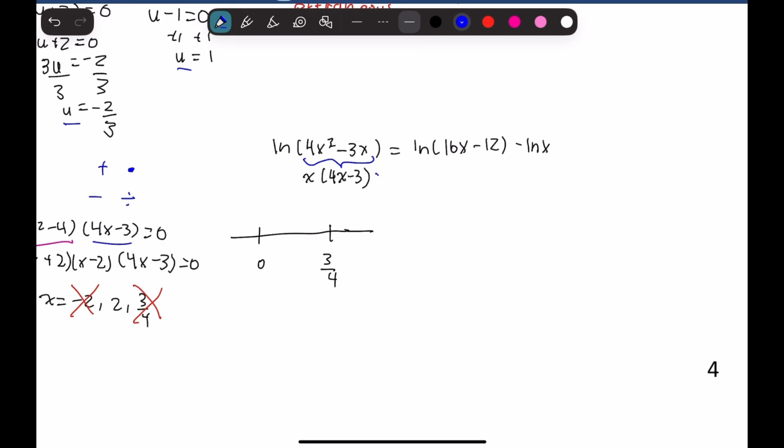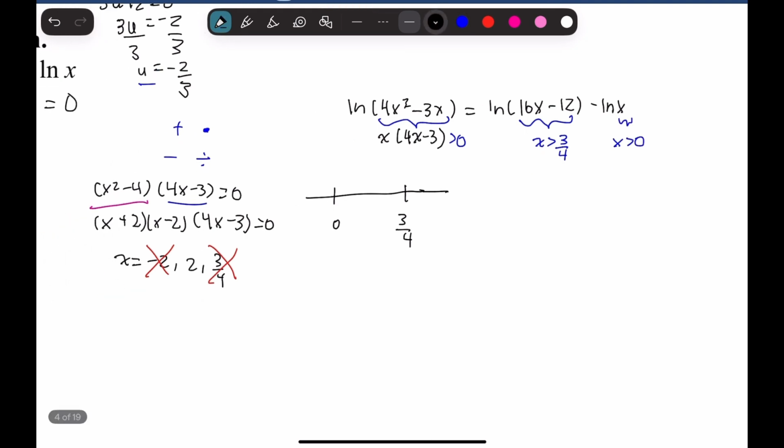So this has to all be greater than 0. That's a requirement. And then over here you have 16x minus 12. Well, this just boils down to x has to be greater than 3 over 4. And also here, this x just has to be greater than 0. So now we create this number line, and then we can say that this is on the positive side, and this is a negative, and then this is positive.